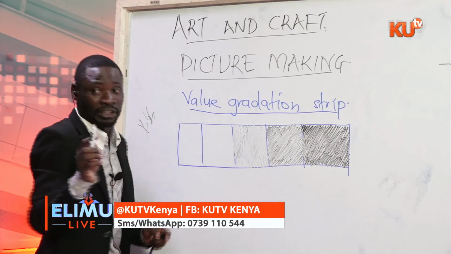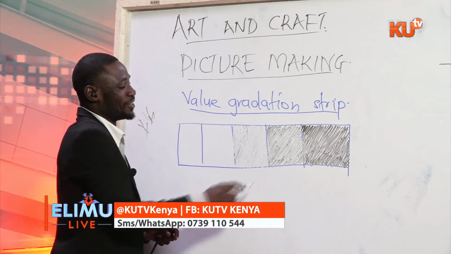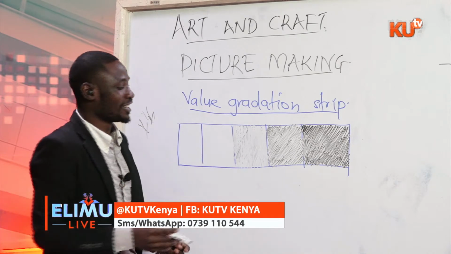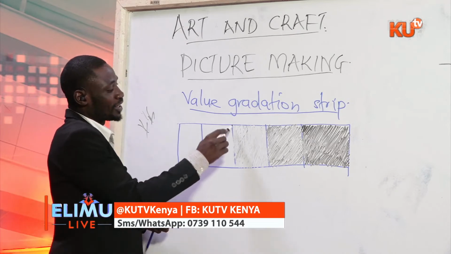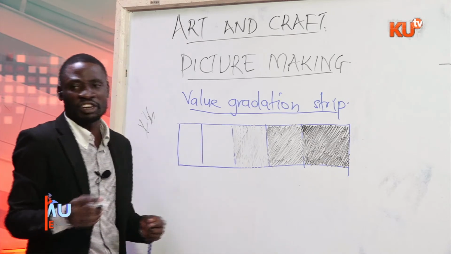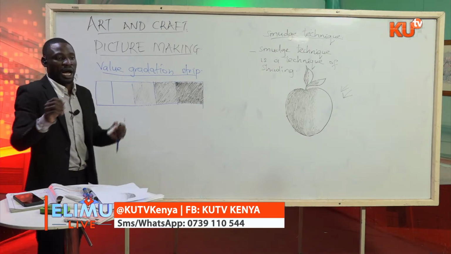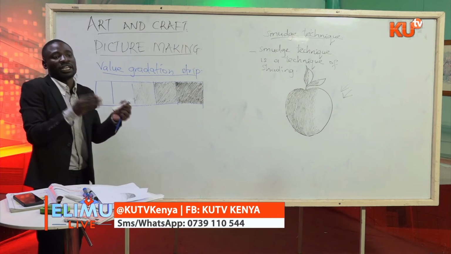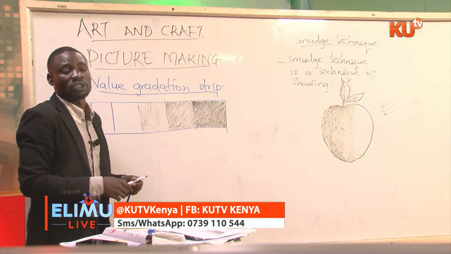If I look at your head right now, I can identify which part is darker and which part is lighter according to where the light is coming from. Every form or item has a darker part and a lighter part. It all depends on where the light is coming from.